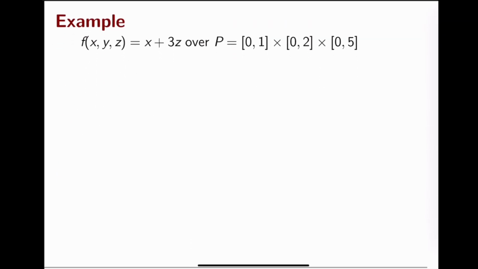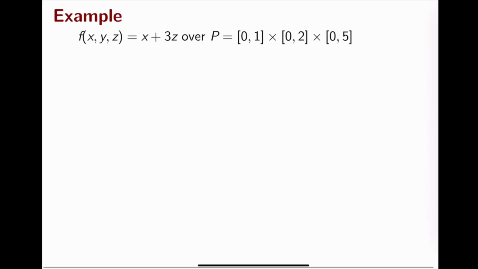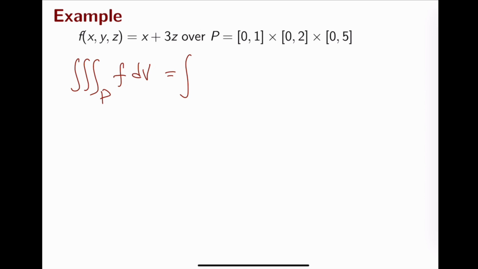So for example, let's calculate a triple integral of this function, in this case of 3 variables, where the prism is given by this. The x varies between 0 and 1, the y between 0 and 2, and the z between 0 and 5. And so the triple integral over this region of this function dV is going to be equal to, and we do the integral in any order according to Fubini's.